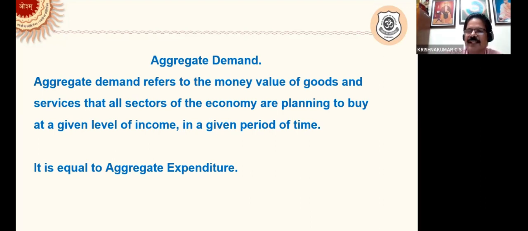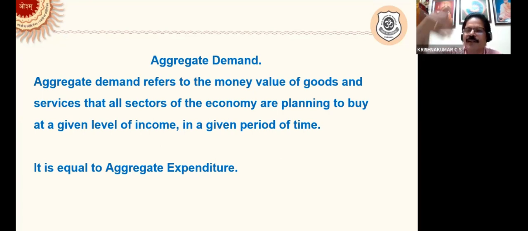All these 4 sectors, see, households are planning to buy goods and services worth 100 crore, for example. The firms are planning to buy capital goods worth 50 crore. The government is planning to buy consumer goods and capital goods worth 50 crore. Then the difference between export and import is another 50 crore. So aggregate demand will be 200 crore.